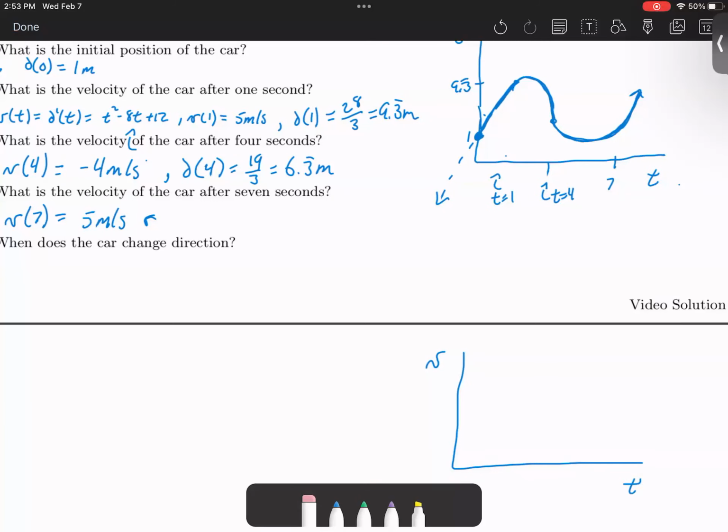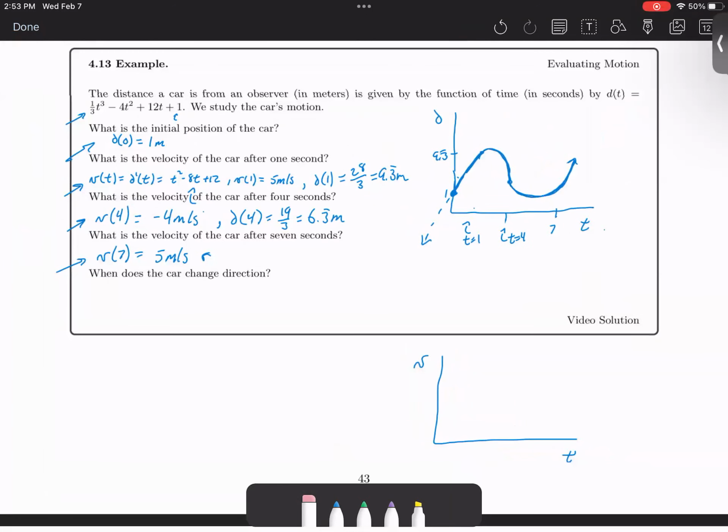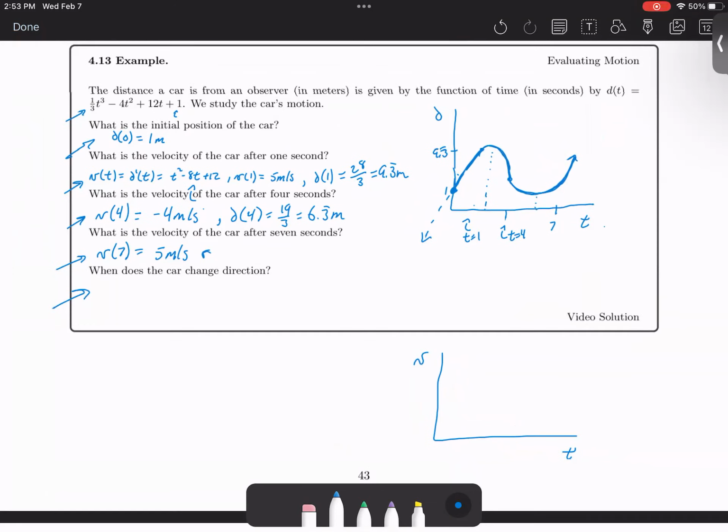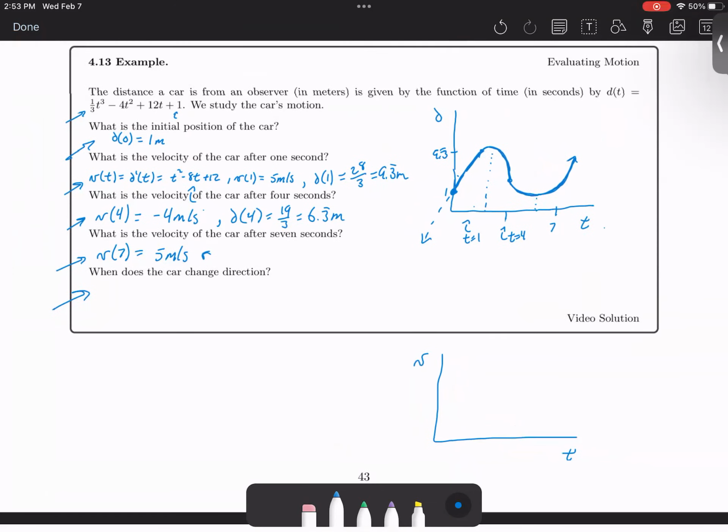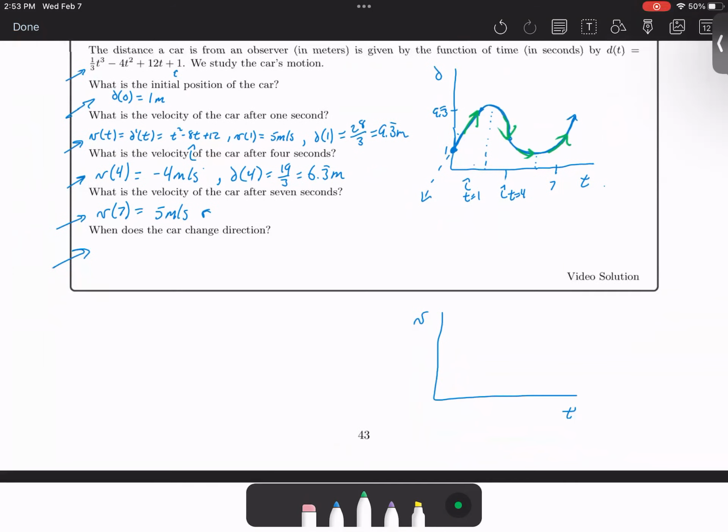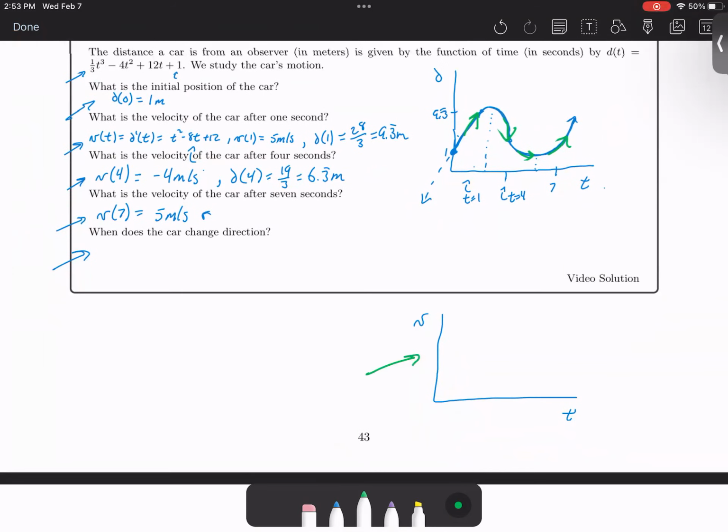In fact, we can figure out where those points are. When does the car change direction? What time values do these turns happen at? Well, they are where your velocity changes, right? Where you go from increasing to decreasing, or from decreasing to increasing. So if we were to plot the velocity function as a function of time, notice your velocity function is right there.